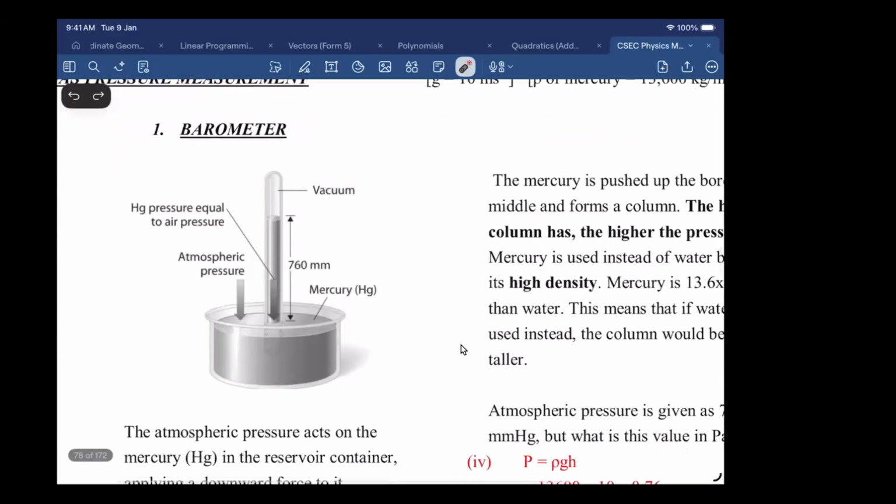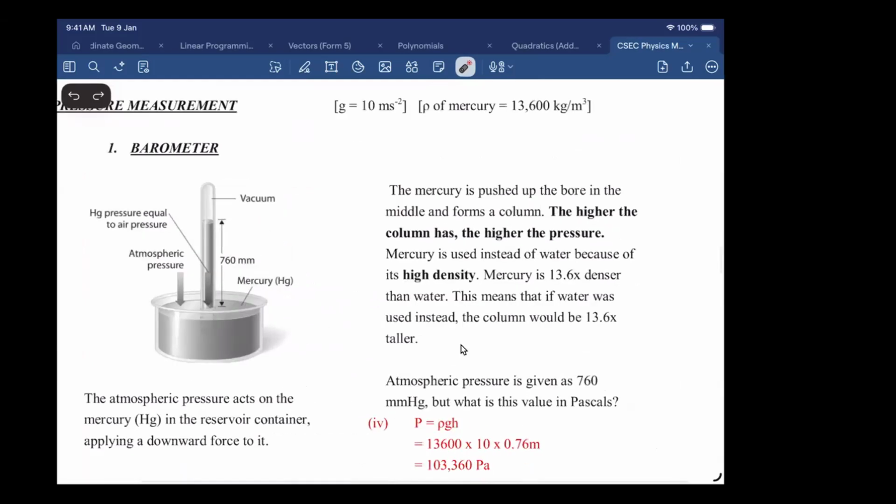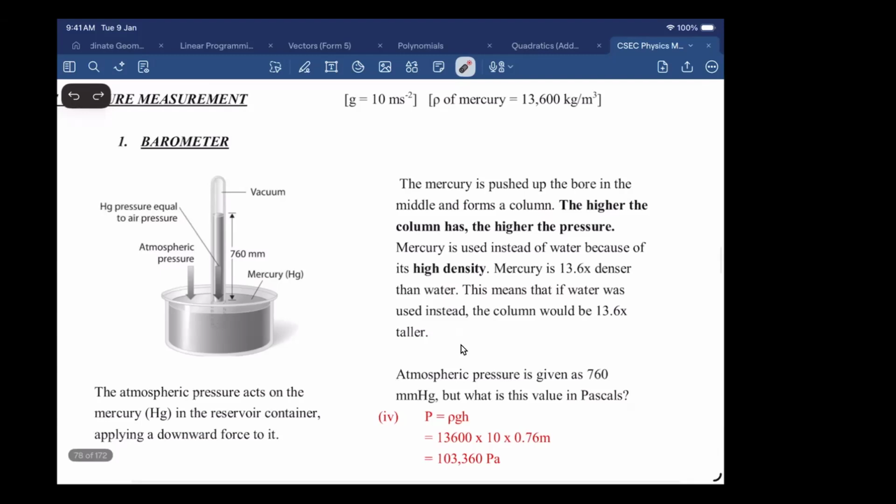And another thing, you would have seen them mention that mercury was used because it's much denser than water. If it's much denser than water, wouldn't the pressure be a lot more than if it was water inside this? Yes, sir. Because the density of mercury is 13,600 kg per meter cube.